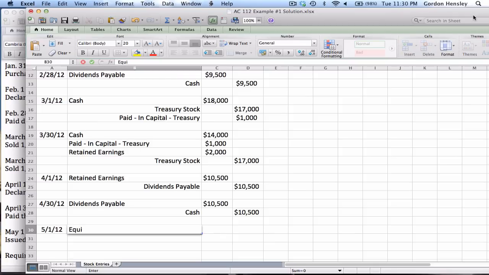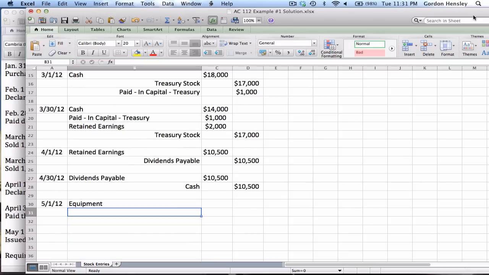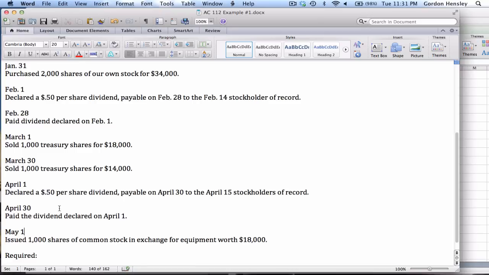So this equipment that we traded for, well, it's now our equipment. So we'll debit that as an asset to record that. And what are we issuing? Common stock. So we'll credit common stock. Now, the equipment, it says that it has a value of $18,000. Now, how much stock are we giving them? Well, according to the transaction, we're going to give them 1,000 shares.